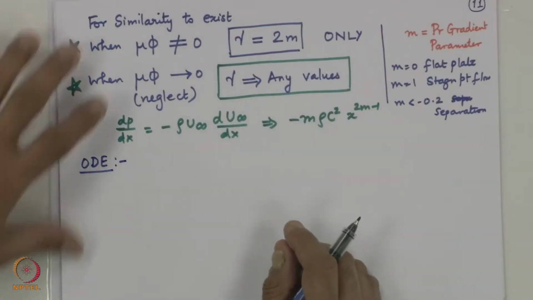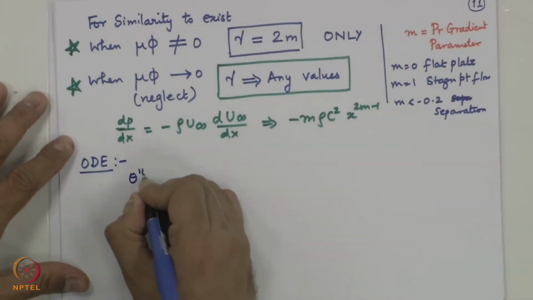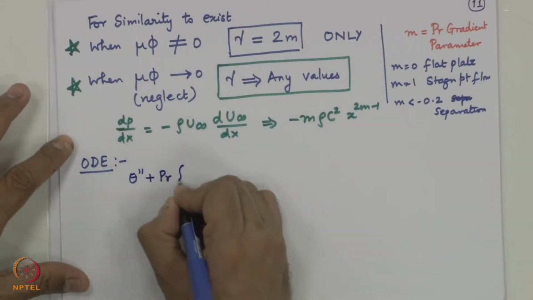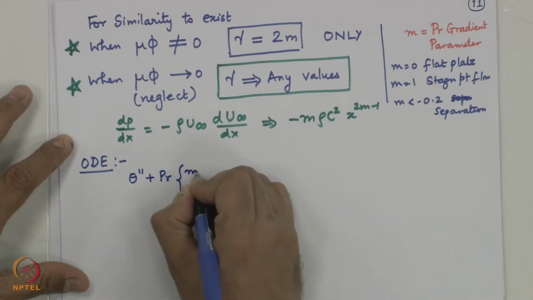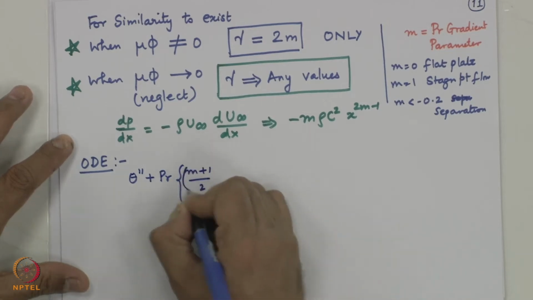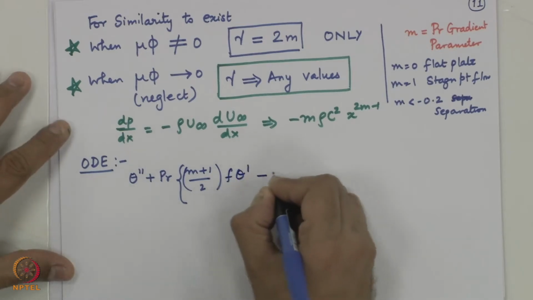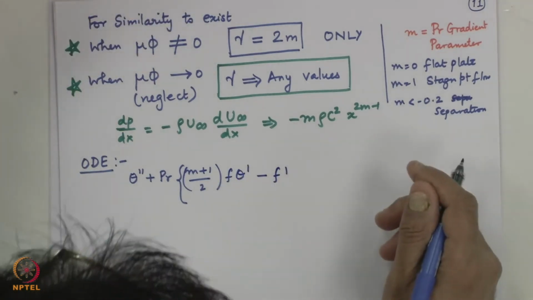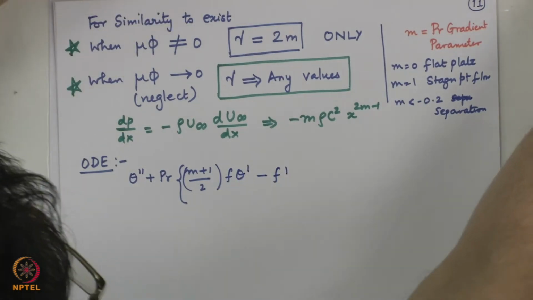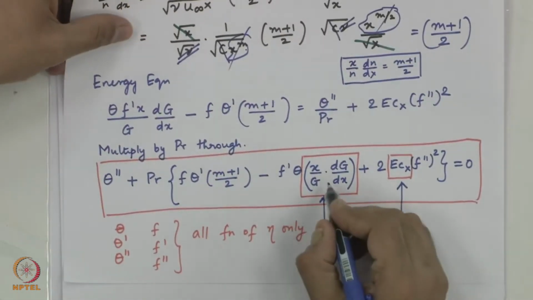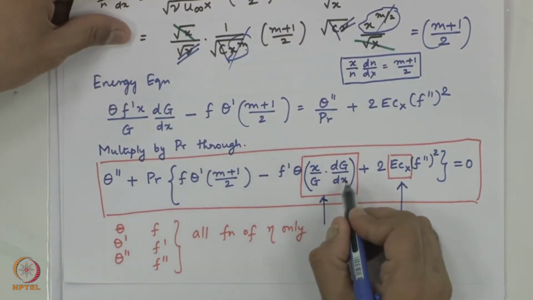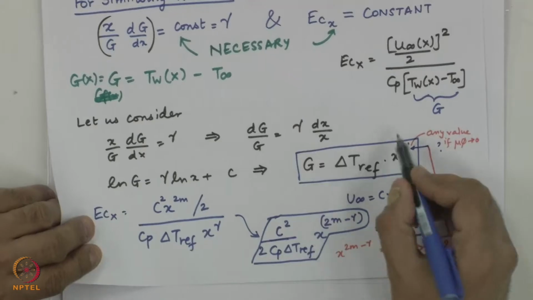So my differential equation ODE now looks like this. I am just rewriting what was written in slide number 9. Theta double prime plus Prandtl number times (m plus 1) by 2 f theta prime, minus f prime, and I am going to write the definition of gamma here. x by g dg by dx we chose as gamma.